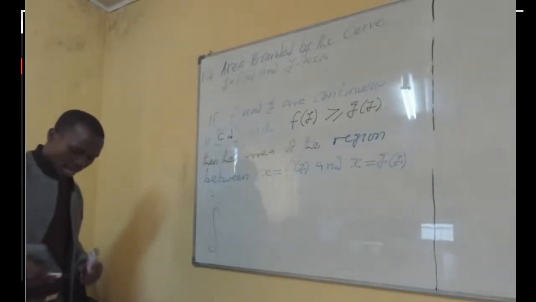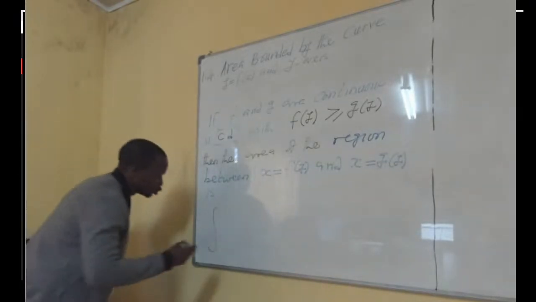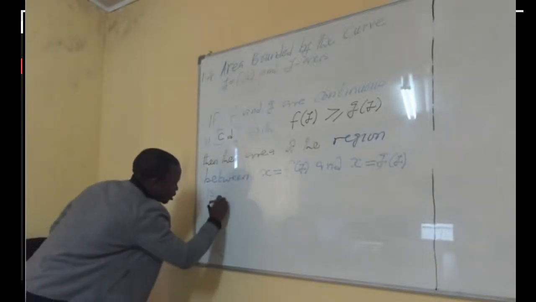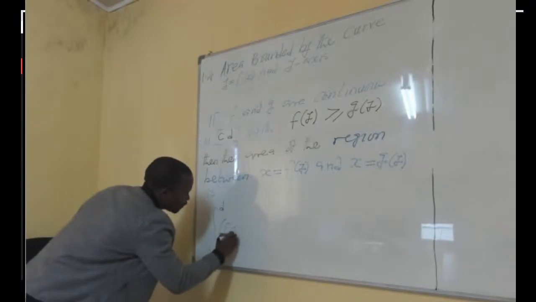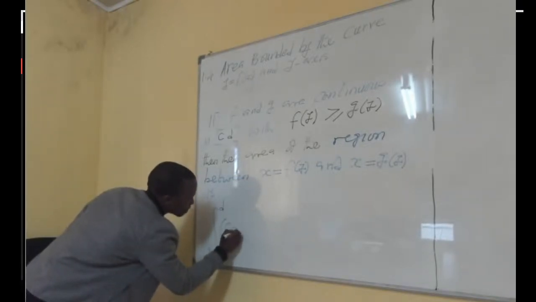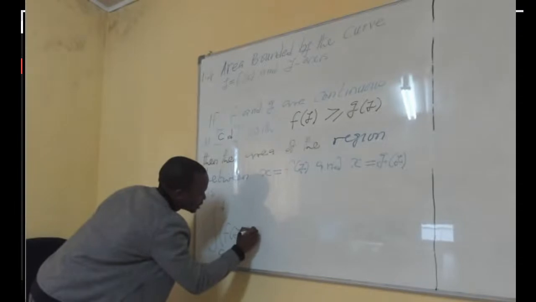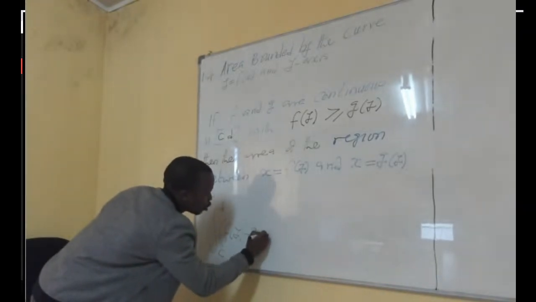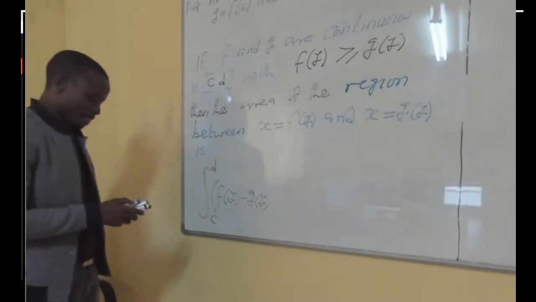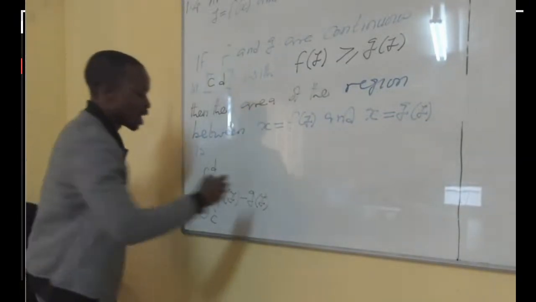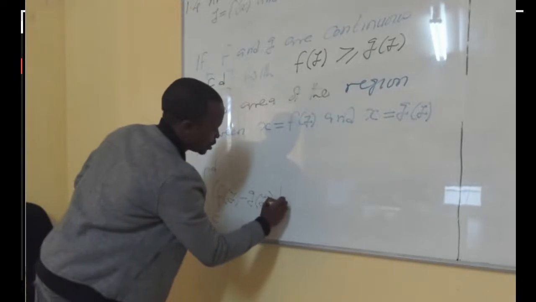So this area is given by the integral from c to d of f of y minus g of y dy.